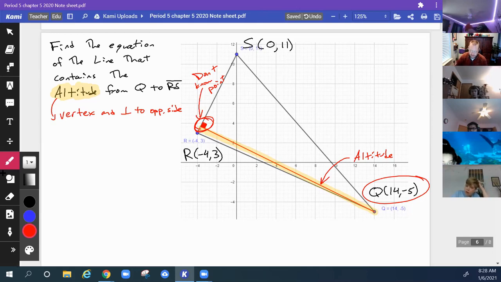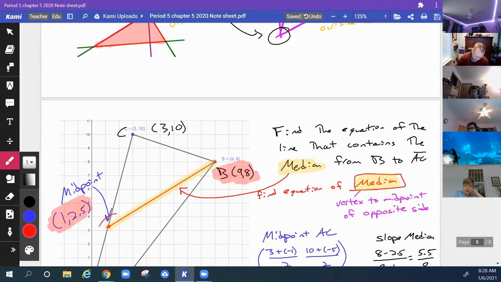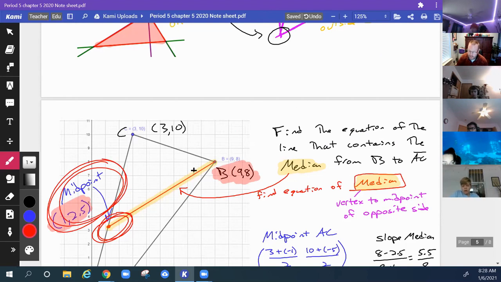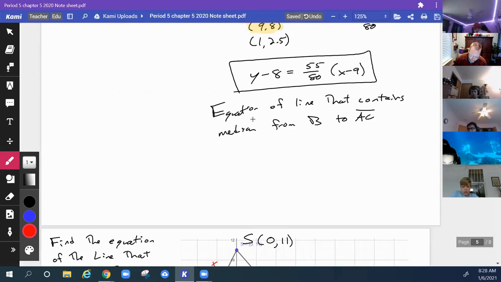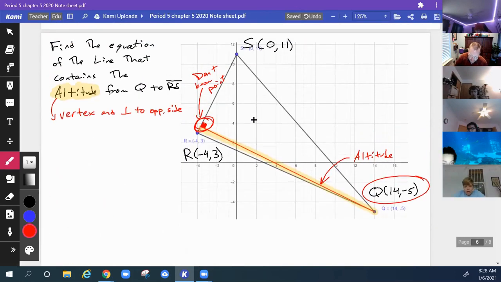It's not like that's a midpoint in the other example. If I go back up to this example, I could calculate this point because it was a midpoint, because that's what the median does. The median goes to the midpoint, but the altitude doesn't necessarily go to a midpoint. So I don't know what that point is. So I'm not going to be able to use these coordinates in the calculation.